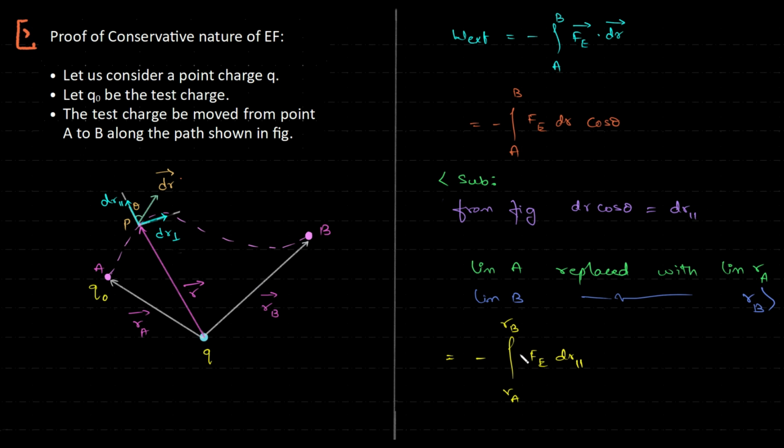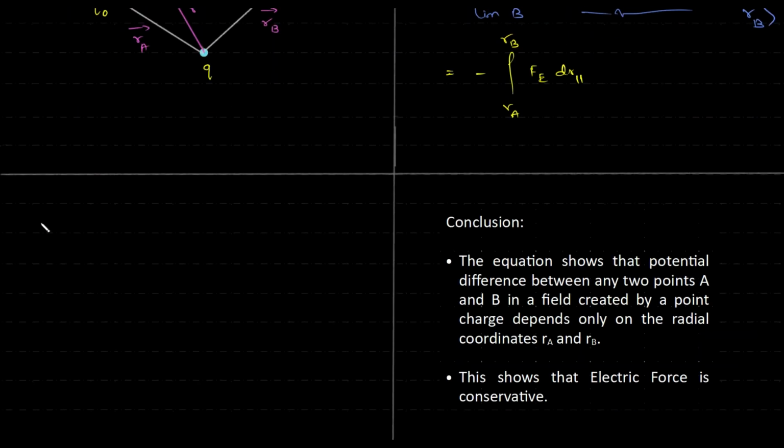Agree, guys? So let's open up. So we have the force is not constant. It will vary. So this is K Q Q naught by R square dr. So when you integrate this, what will happen?